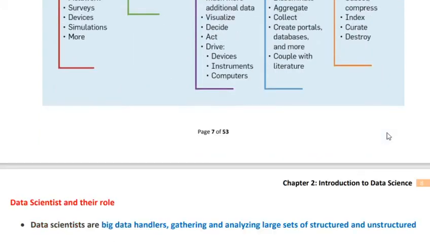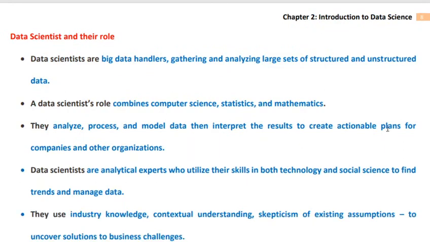Now let us move on to the roles and responsibilities of data scientists. As we've learned in the previous class as well, data scientists are the personnel who are assigned the responsibility of gathering data, cleaning it, preparing it, analyzing it, and drawing inferences from it, so that it can be used to make quality decisions for improving the entire business model.